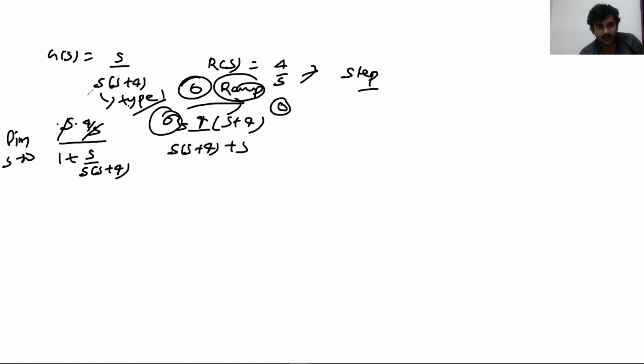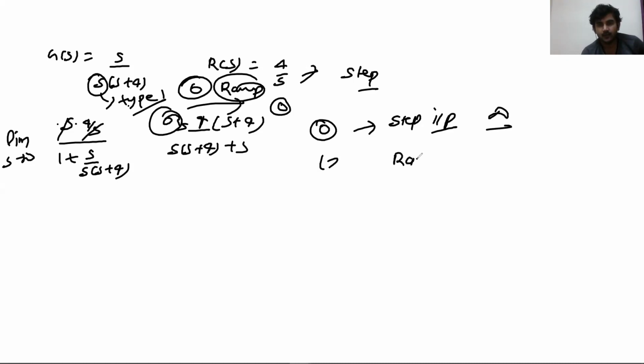So just check the type of the system. If it is 0, only your step input error will be there and other errors will be infinite. If the type is 1, only ramp input error will be there, and the one lower than ramp is step, its error will be 0, and the one higher than ramp is parabolic, its error will be infinite.